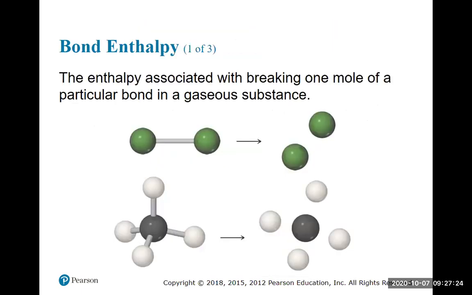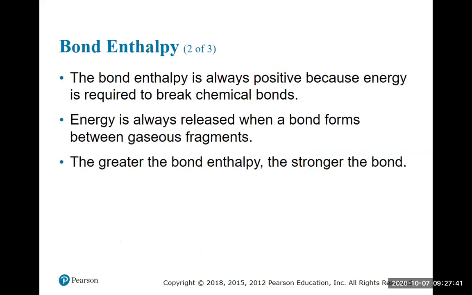So now we're going to talk about something called bond enthalpy. Like I said, you're going to get sick of all these different enthalpies. Bond enthalpy is usually associated with breaking 1 mole of a particular bond in a gaseous substance. Bond enthalpy is always positive because to break a chemical bond, you have to put energy into it.